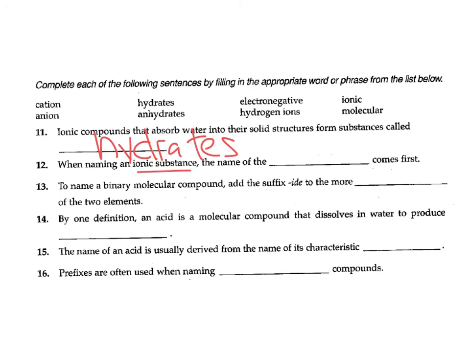If we're talking about ionic compounds, what comes first? Always the positive ion. Binary just means 2 elements.